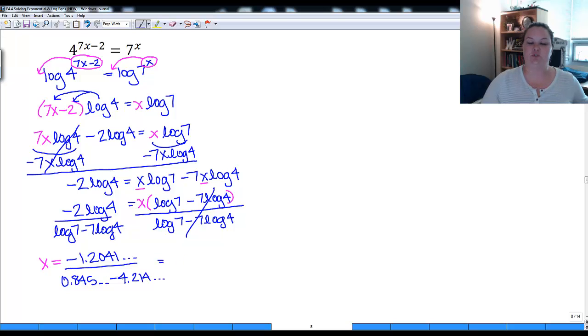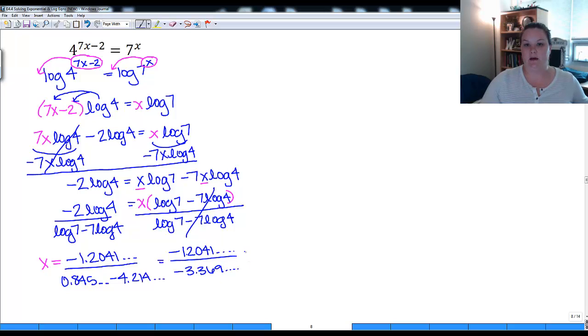Okay, so I'm going to go ahead and subtract those numbers on bottom. So on top I still have negative 1.2041 and some more stuff. And on bottom, when I subtract these two numbers, I get negative 3.369 and some more stuff.